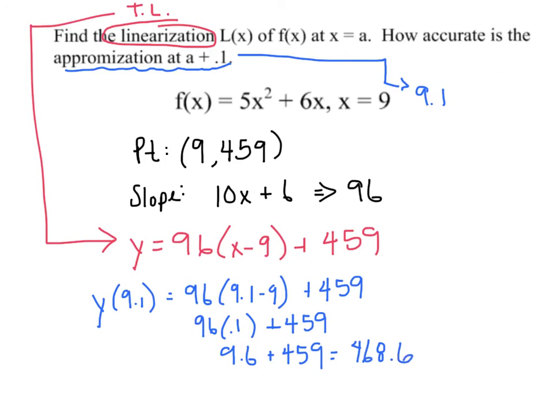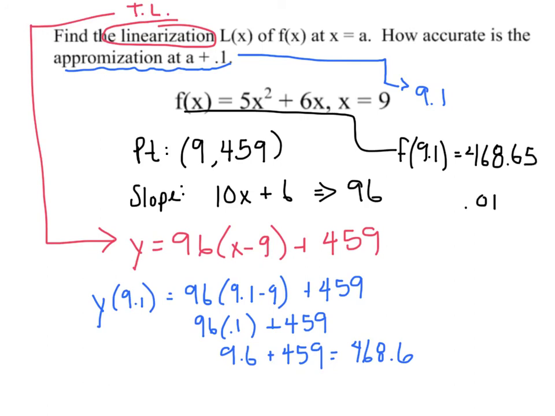If you actually plugged 9.1 into the function, you get 468.65. So they're 1/100th apart. Linearization simply means find the tangent line and use it, and it will help us. Lines are much easier to evaluate than almost any other kind of curve.